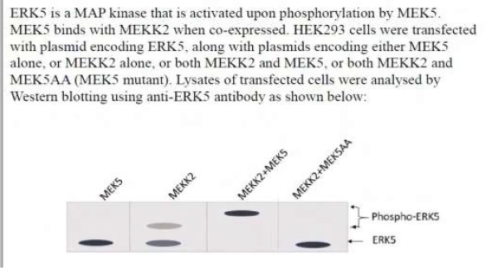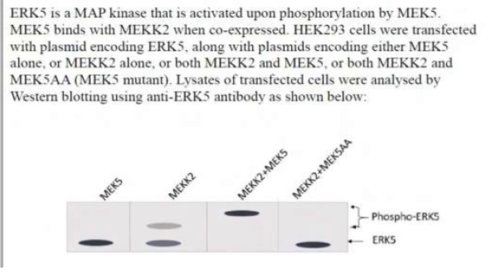So HEK293 cells were transfected with a plasmid encoding ERK5, then another plasmid containing MEK5 alone, or MEKK2 alone, or both MEKK2 and MEK5, or both MEKK2 and MEK5AA, which is a mutant of MEK5. Now these were analyzed by Western blotting using anti-ERK5 antibody.